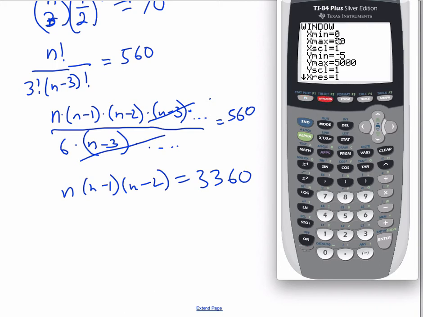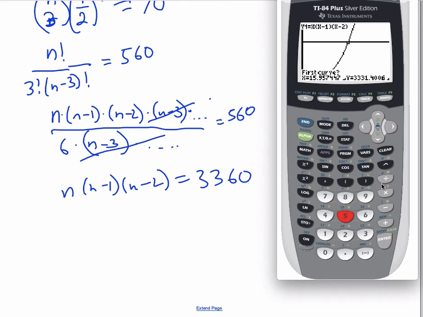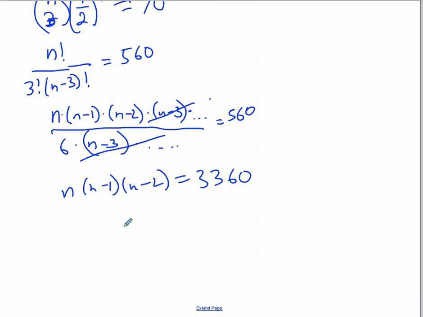Now the n is probably going to be up to 30, so I set X max to 30. And I put the Y max up to 5,000 because it's a bit bigger than 3,360. Here's your graph. Then second calc, and find the intersection. And press enter, enter, enter. And we see the answer is 16. So n equals 16 is the answer.